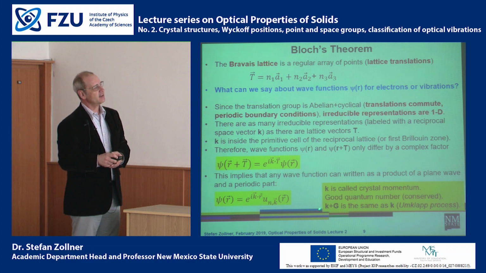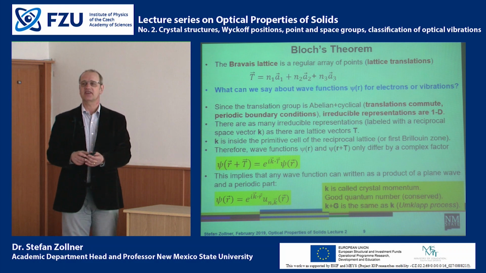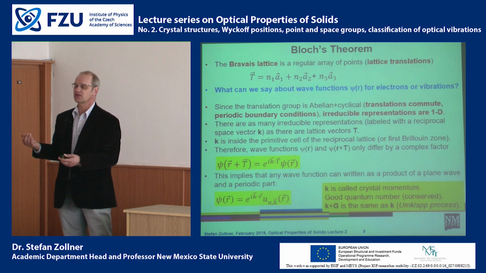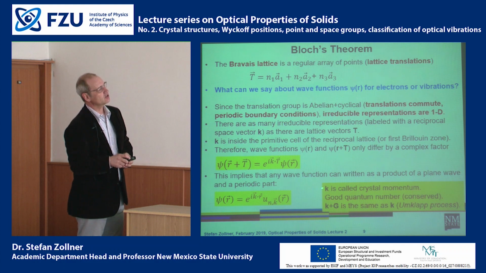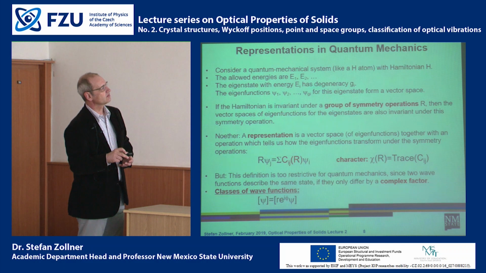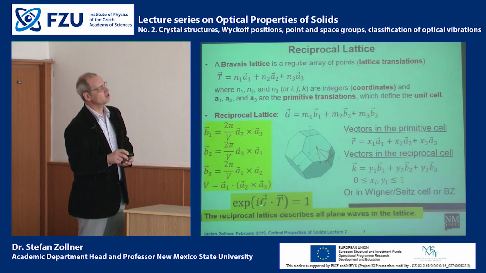The vector k and the vector k plus G, obviously they're related to different momentum, but they have the same crystal momentum, because e to the i G dot t is equal to 1.